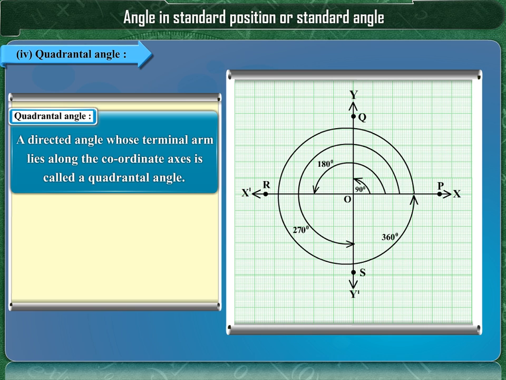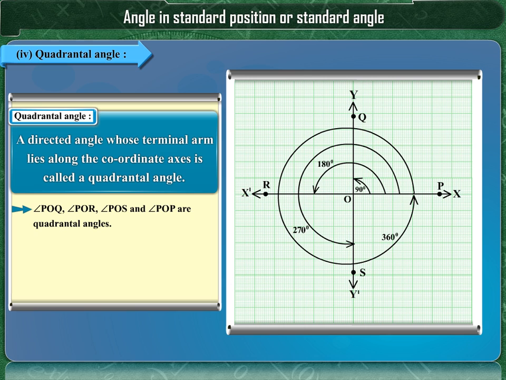In the figure here, angle POQ, angle POR, angle POS and angle POP are quadrantal angles, as the terminal arms OQ, OR, OS and OP lie along coordinate axis, that is, positive side of y-axis and negative x and y-axis.